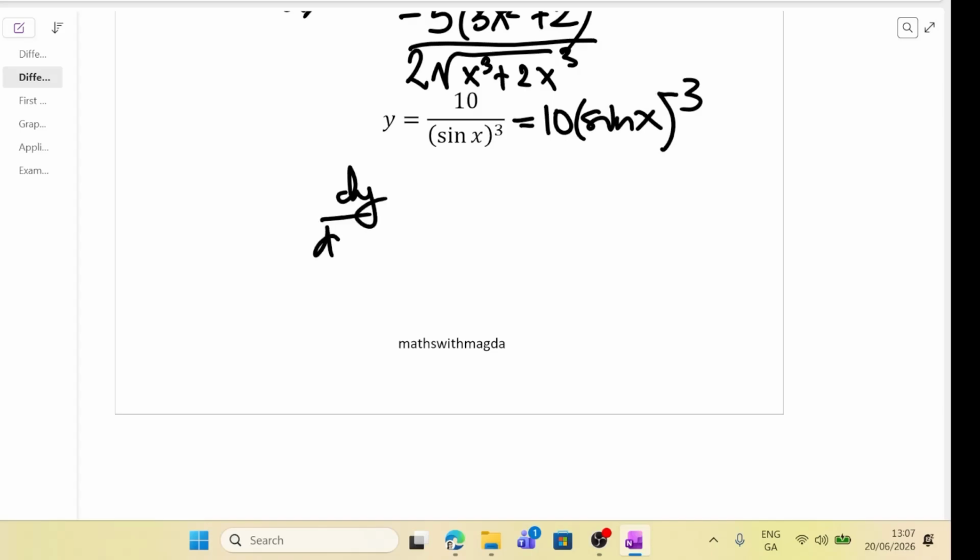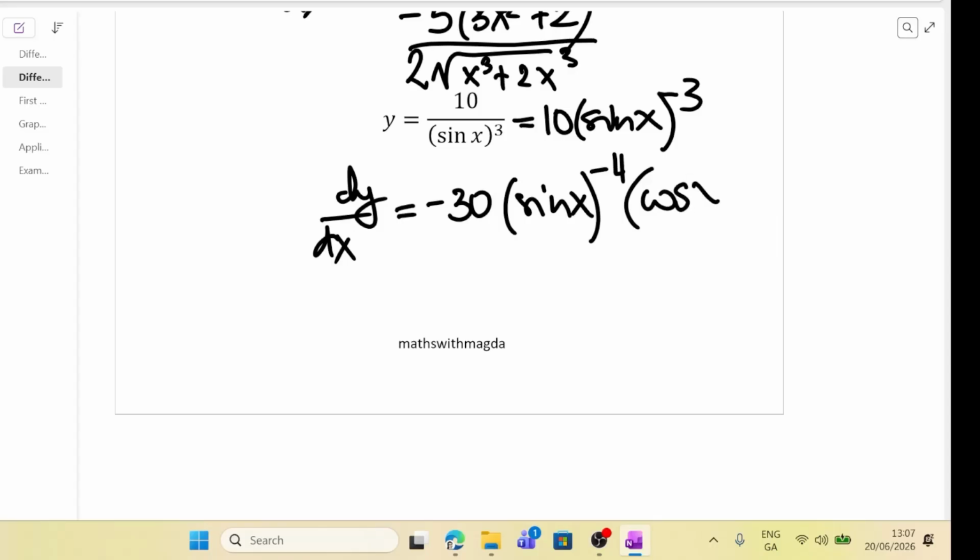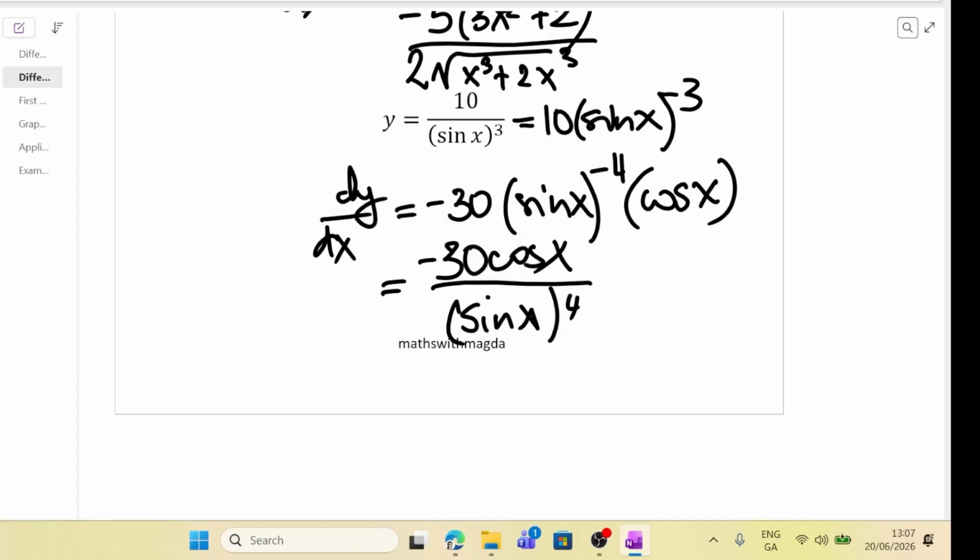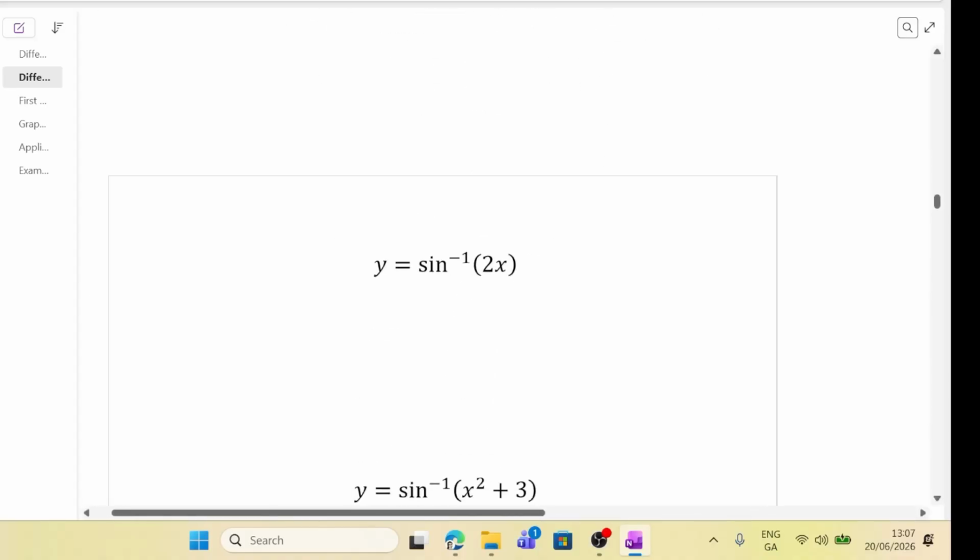My outside is minus 3, my inside is sine, so I get minus 30 sine of x to the power of minus 4, and then I multiply it by the derivative of the inside, which is just cos of x. Again, we go back to a fractional form, so sine x to the power of 4 is at the bottom, and the top part will be minus 30 cos of x. And that's how you get that derivative.